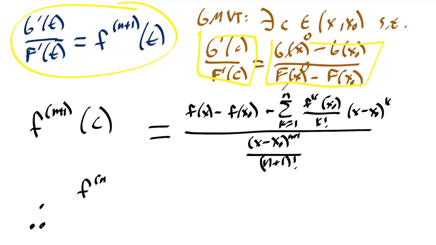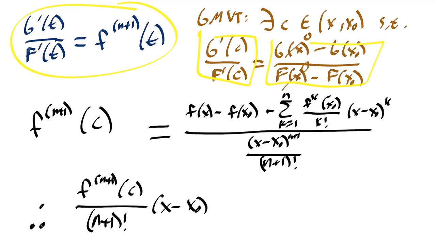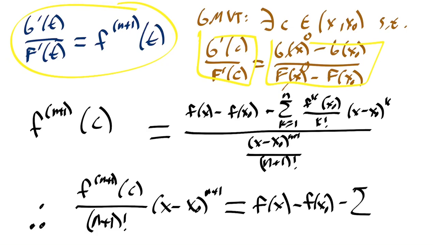So therefore, the n plus first derivative at c divided by n plus 1 factorial times x minus x naught to the n plus 1 is equal to f of x minus f of x naught minus that sum from 1 to n of the kth derivative at x naught over k factorial times x minus x naught to the k.